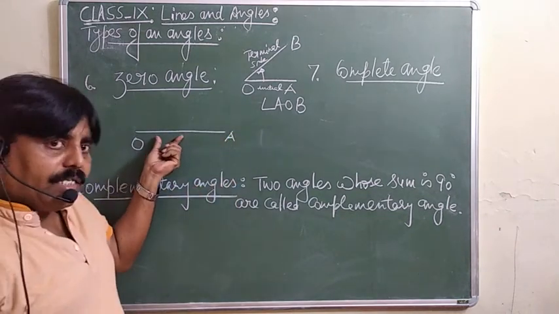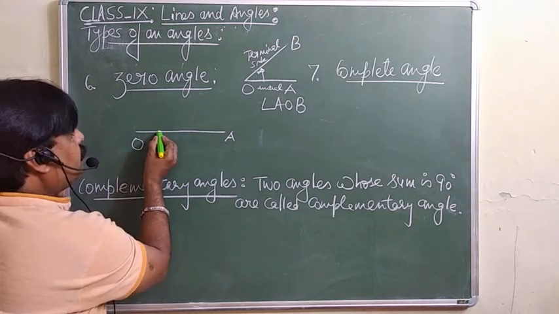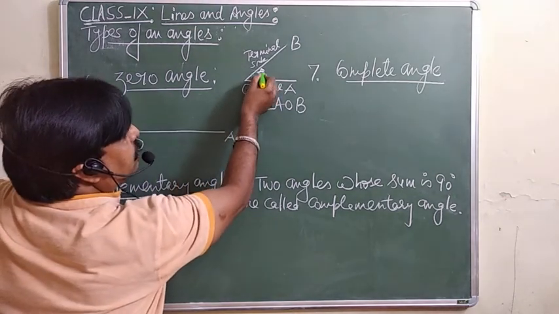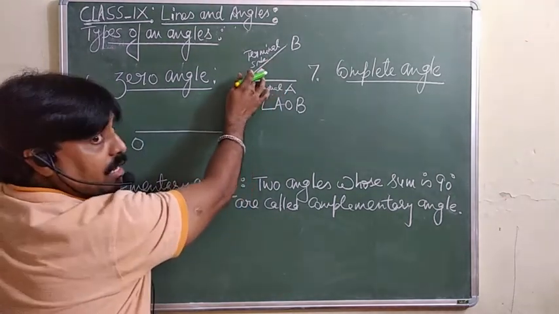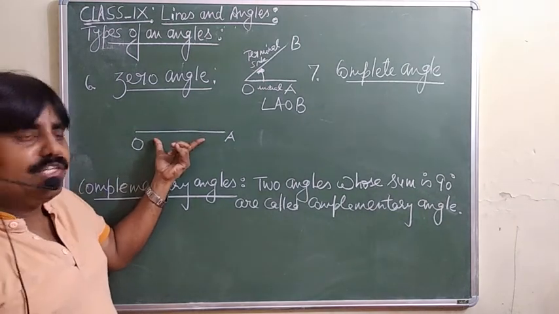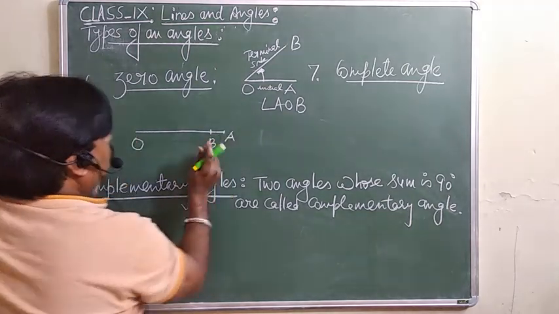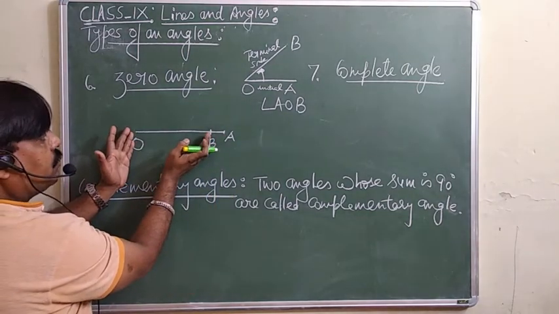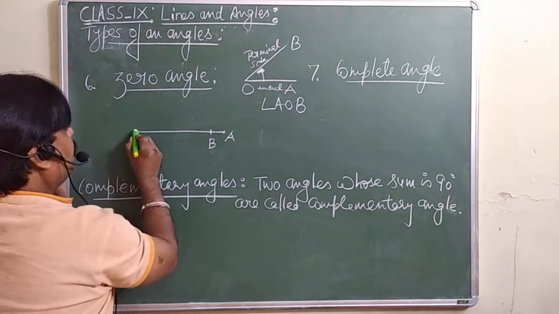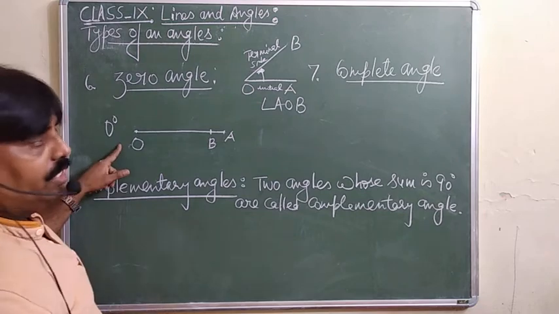If the terminal side is not coming out from the initial side, like here the terminal side is moving anti-clockwise, this makes the angle. But if the terminal side is not coming out from the initial side, then it will make the 0 degree angle. Means OA and OB, the terminal side is not coming out from the initial side, then this angle will be your 0 degree angle.